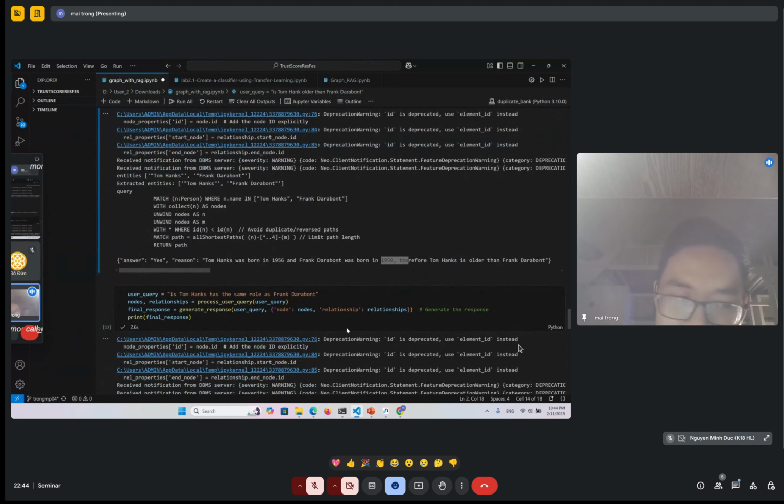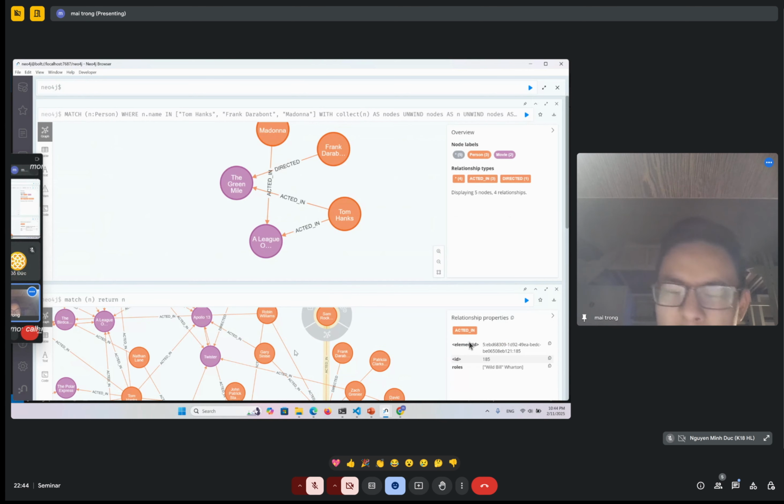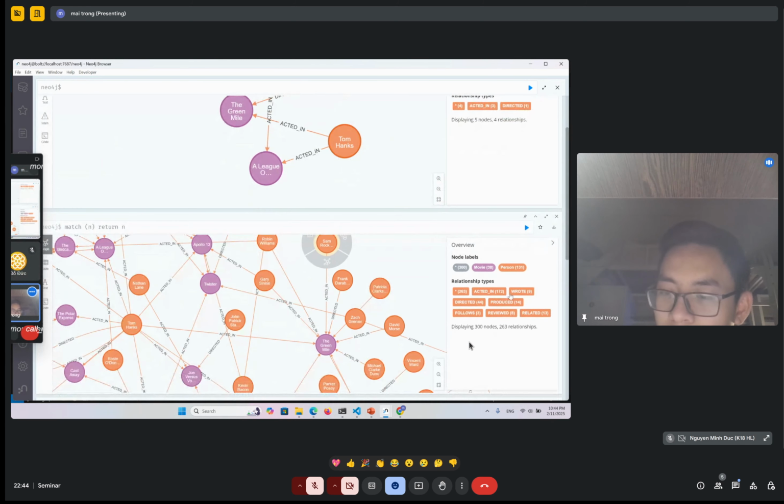Next time I ask another question: Tom Hanks has the same role as Frank. Again, what is a role here? There is no terminology named role in this knowledge graph. It's just some relationships like this.